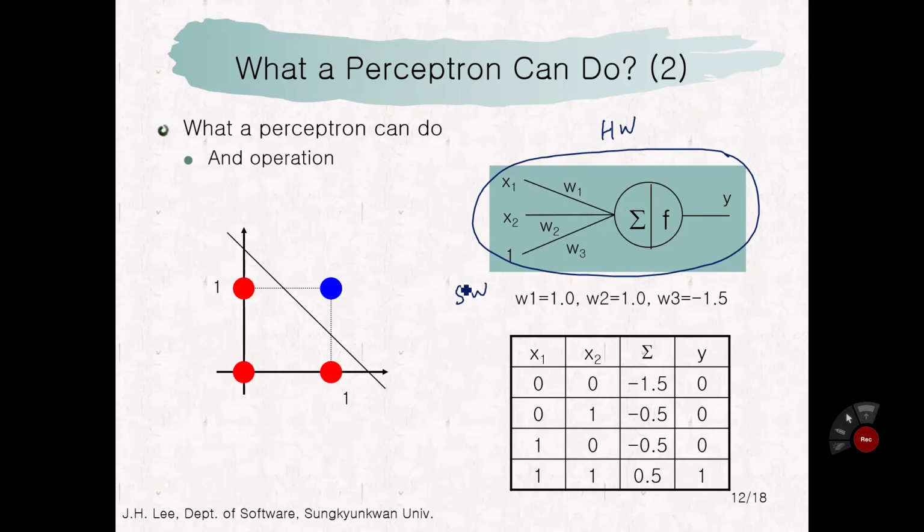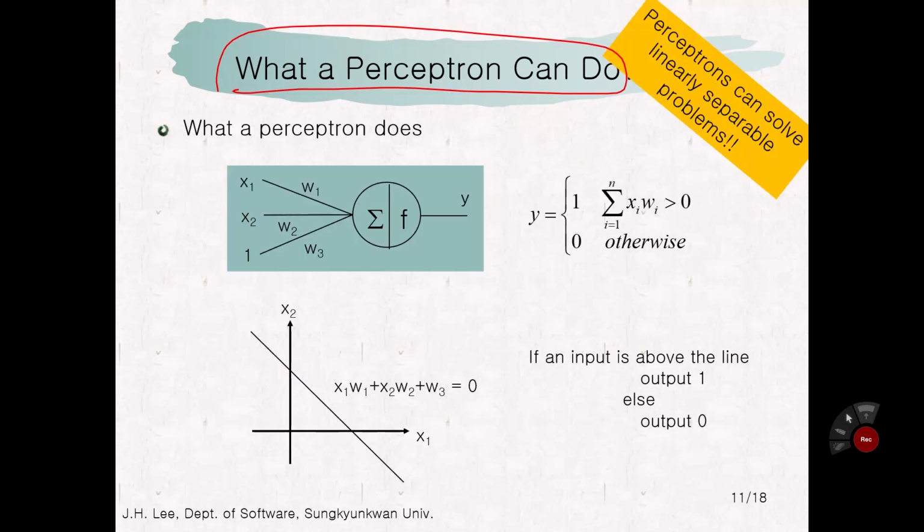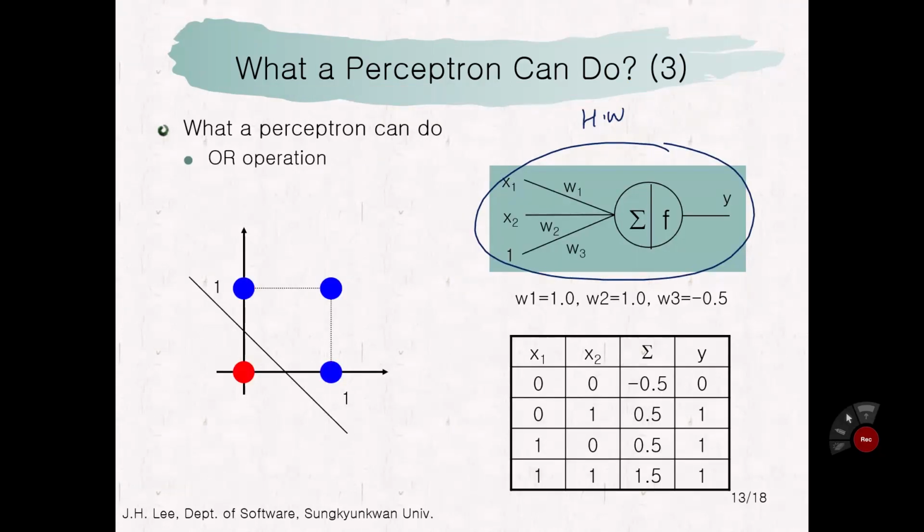So in this hardware, if you load this software here, it performs the AND operation, and for the same hardware, if you load this connection here, then this hardware performs the OR operation. Very similar, right? This is a computer, and let's say this is PowerPoint.